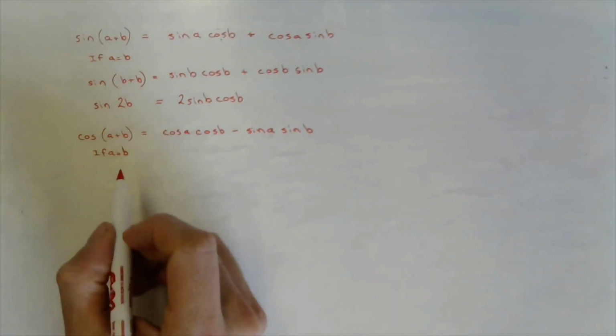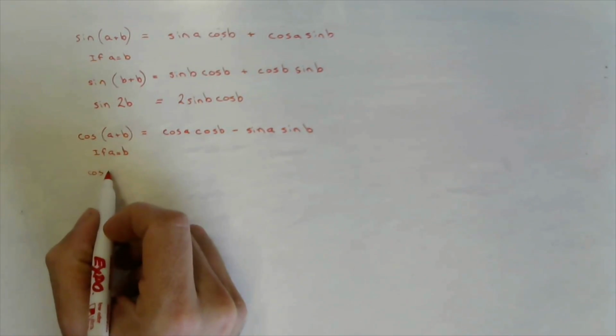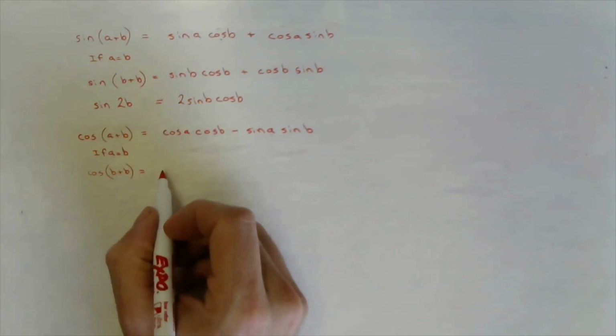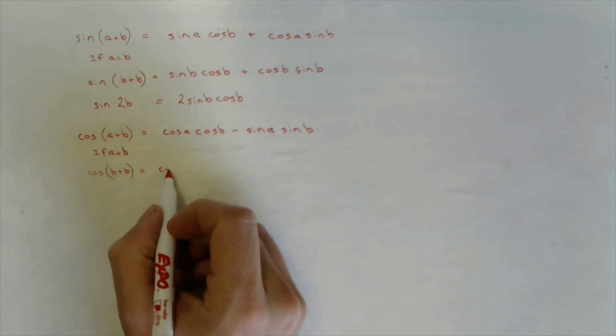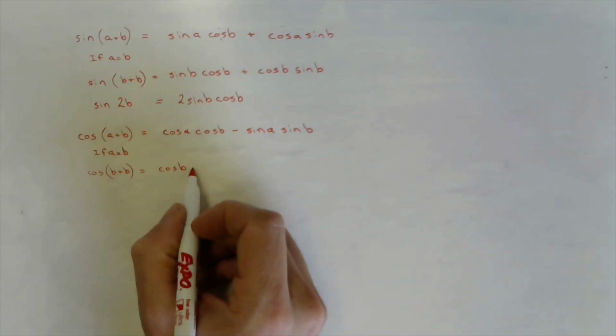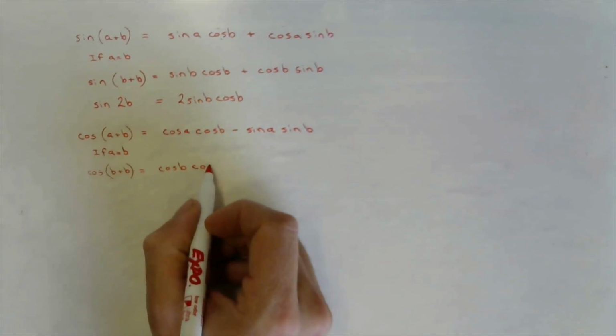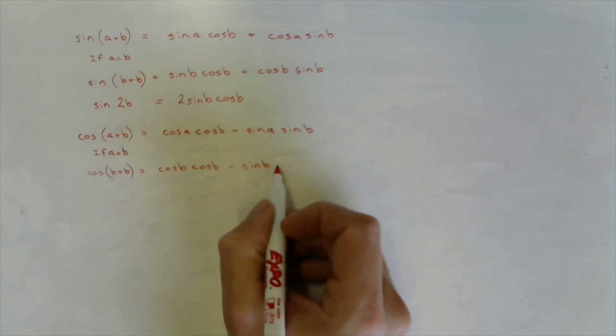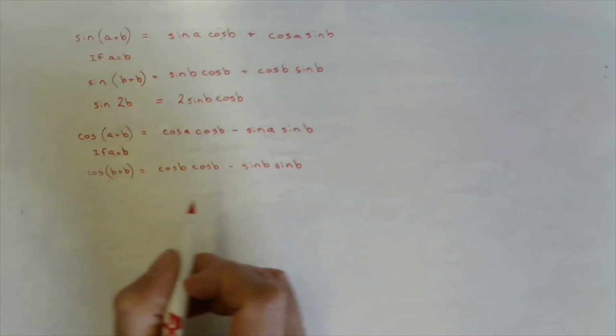What if A equals B? Well, then we have the cosine of B plus B on the left, and on the right, we have the cosine of B times the cosine of B minus the sine of B times the sine of B.